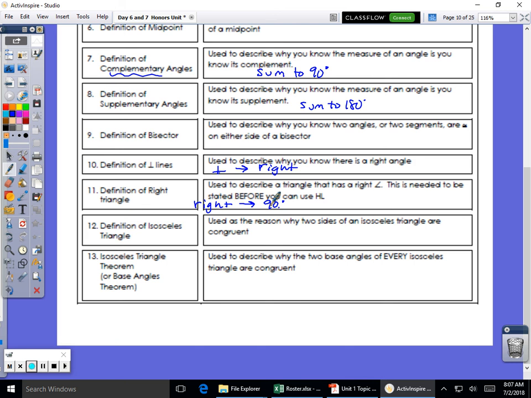All right. Definition of an isosceles triangle. It's used as a reason why two sides of an isosceles triangle are congruent. If we're informed that it's an isosceles triangle, well, these two sides are going to be congruent. Well, it doesn't have to be those two sides, but if they're marked, these two sides would be the two congruent sides. All right.